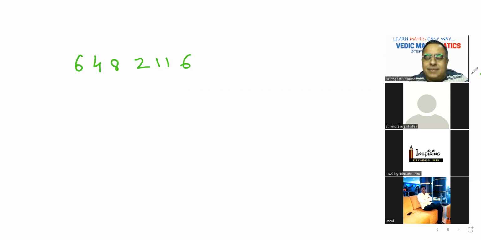My network got disconnected. 6 4 8 2 1 6. We have to find the square root of this number. Okay. 2545. 2546. 46 sir, 46.